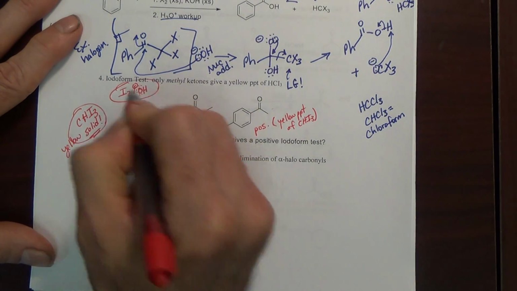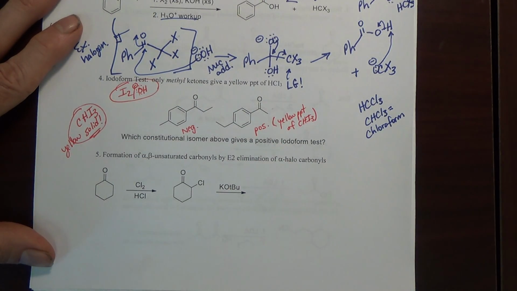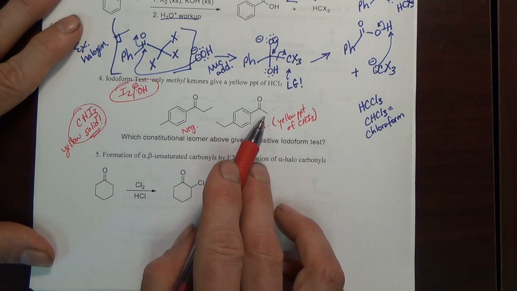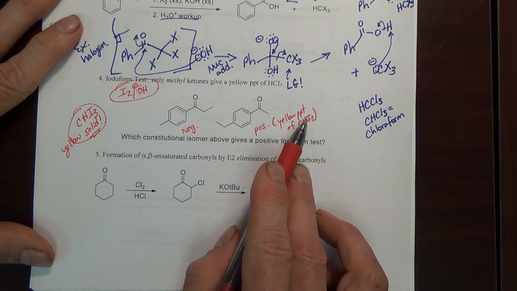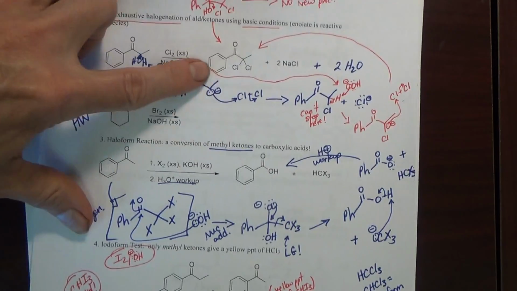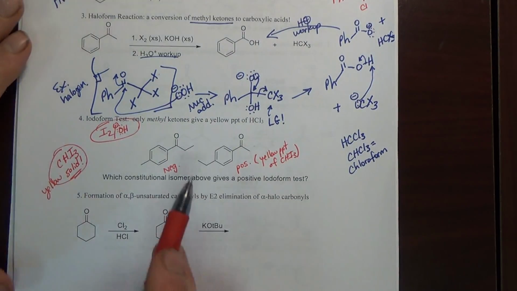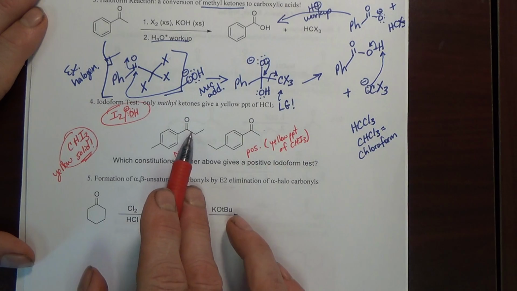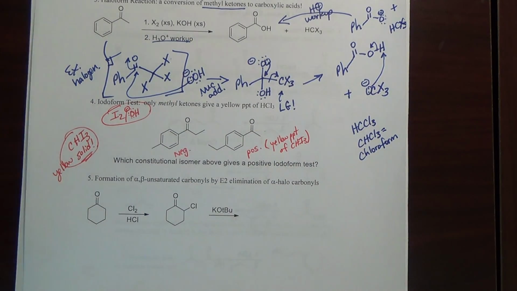And so this would be the so-called iodoform reagent, or iodoform test. This one would give the carboxylic acid plus iodoform, where this one will just give two iodines here, like above, and you will not get the iodoform formed.